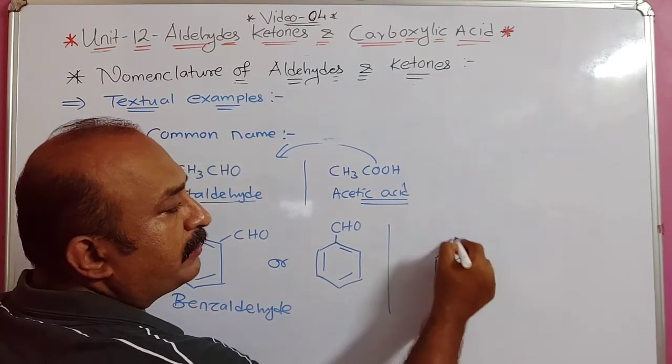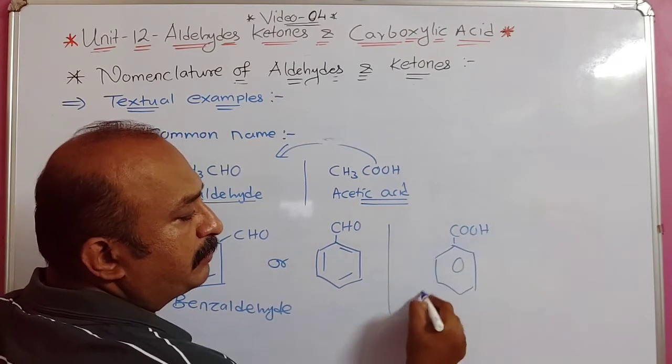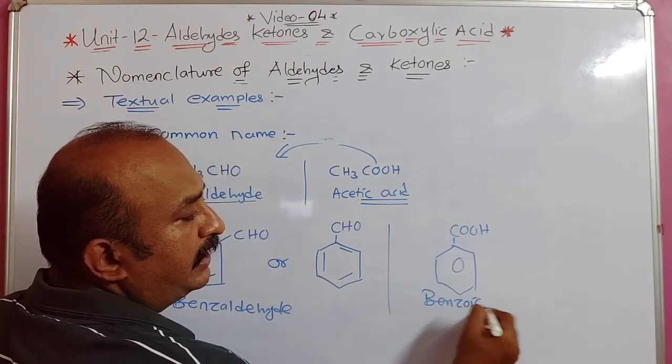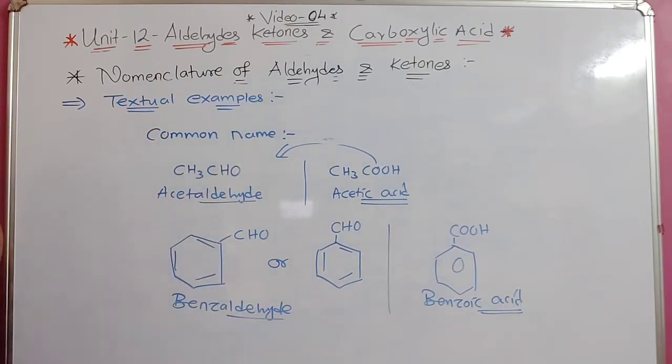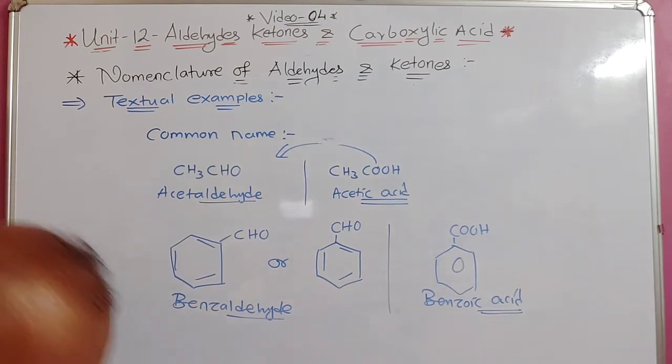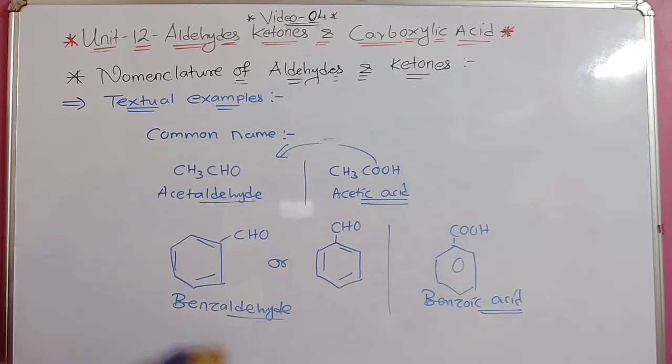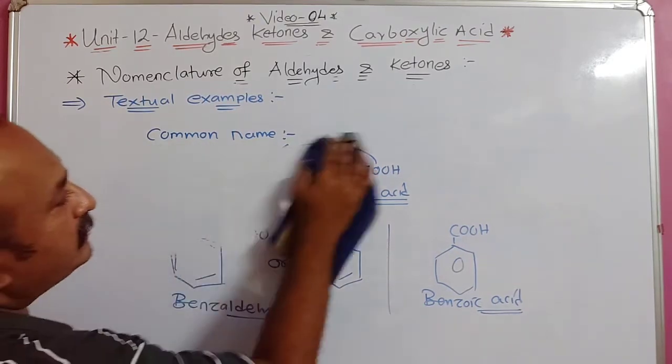It is derived from benzoic acid, and this I am talking about the common name. So IC acid is replaced by aldehyde in this case. This is the second example given in the textbook. After that there is one example with Greek letters alpha and so on, which we will see.